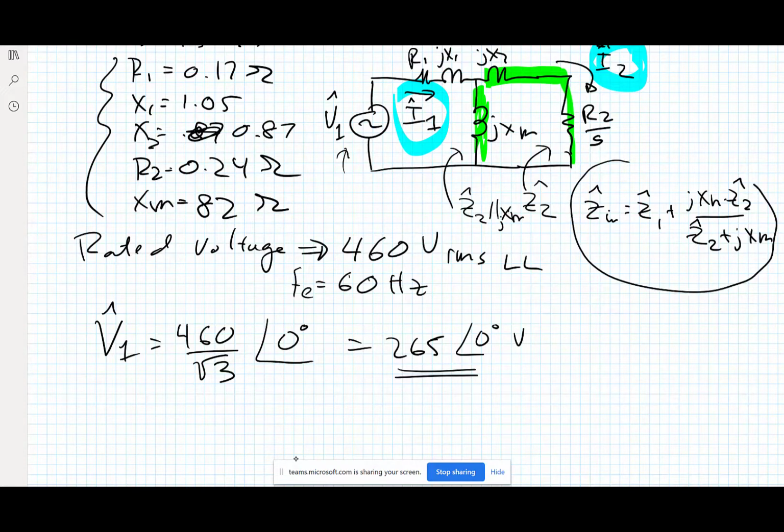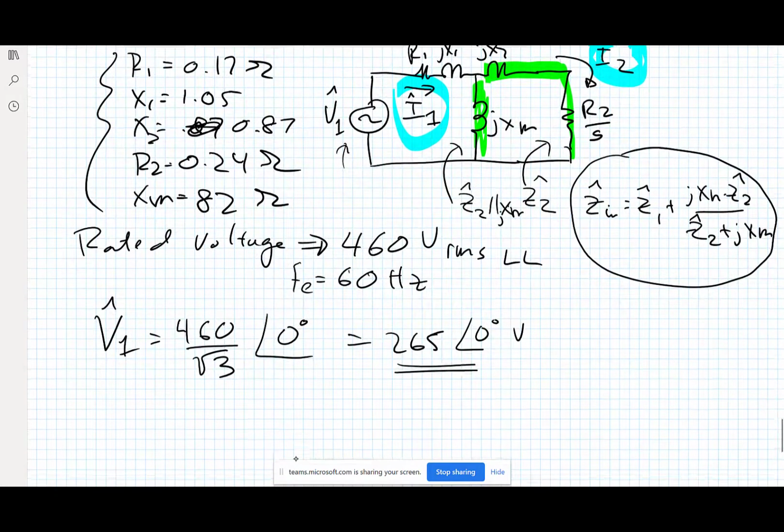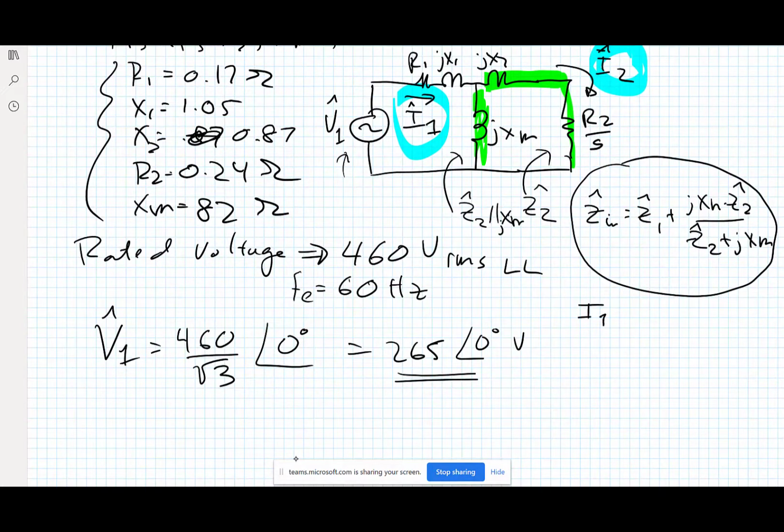Then I1 would be equal to V1 divided by Zin.